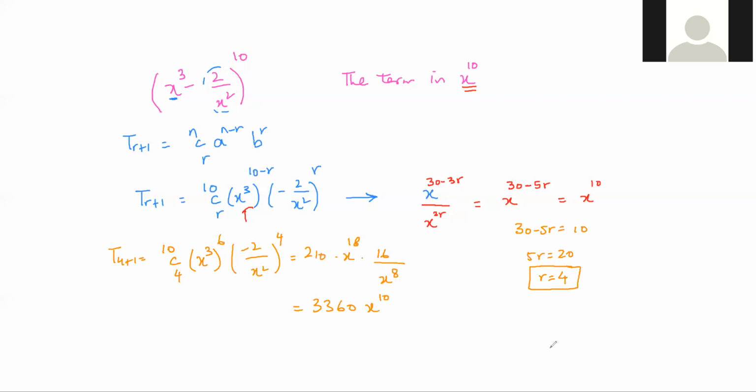Let me do one more example with you. For instance, we have the question x squared minus 2 over x, all raised to power 7.